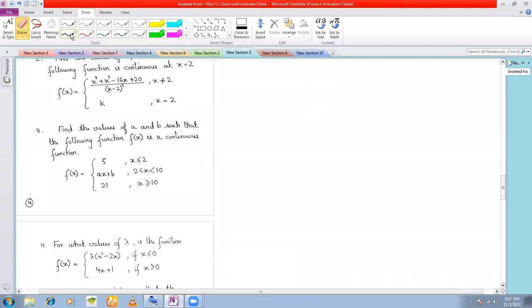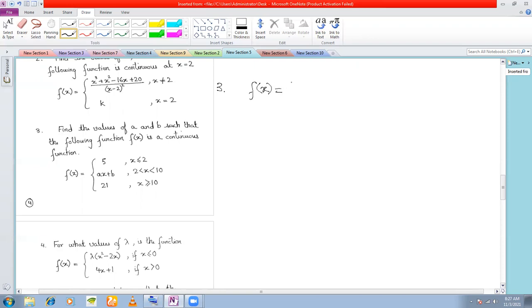Number 3. The question here is: find the values of a and b such that the function fx is a continuous function. Okay, now they have not given you the points here. Just remember this. They have simply said that fx is a continuous function.